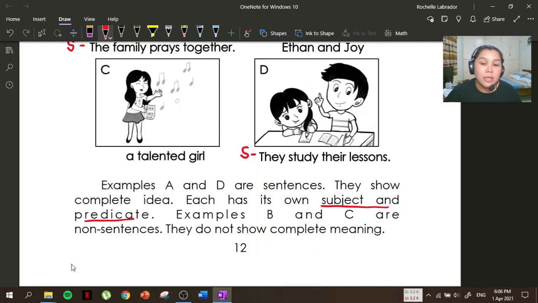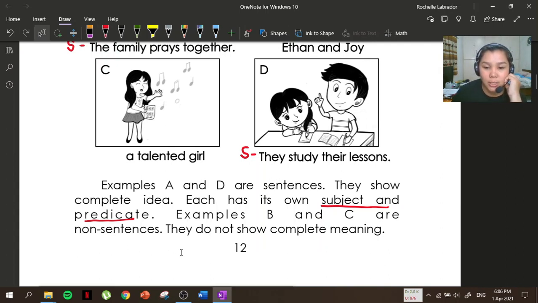When a sentence has subject and predicate, therefore it will be a basis that it is a sentence. Kapag wala naman, if one is not present in the sentence, then therefore it will not be considered a sentence. While examples B and C are non-sentences, so they do not show complete meaning.